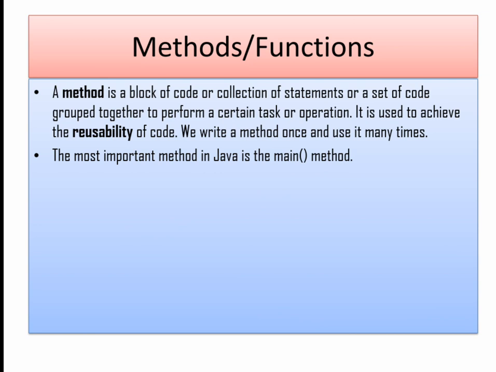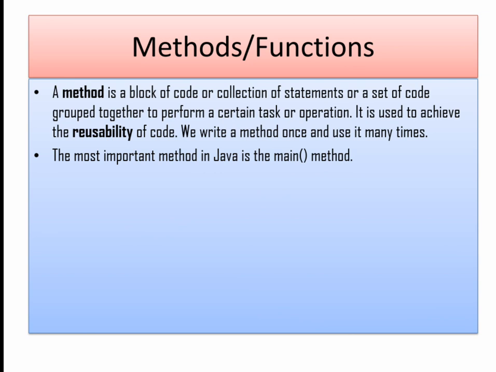A method is a block of code, or a collection of statements, or a set of code grouped together to perform a certain task or operation. It is used to achieve reusability of code. We write a method once and use it many times.